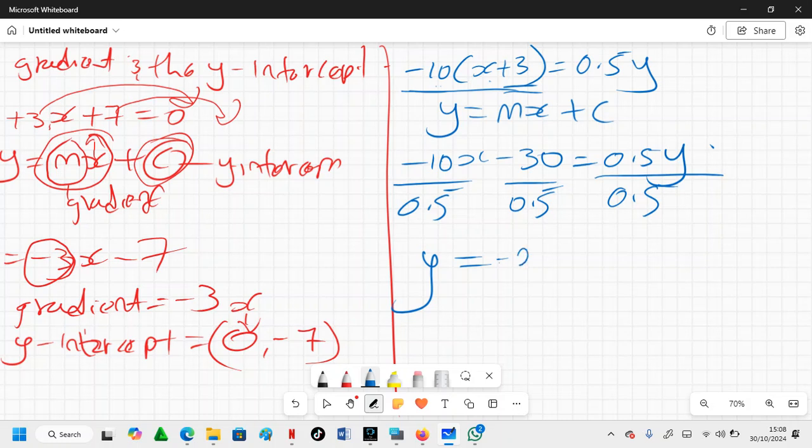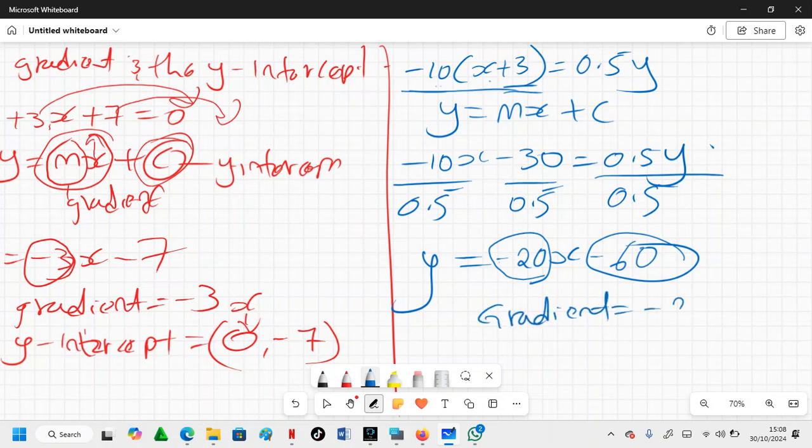So that one is going to be negative 20x, and then this one is going to be negative 60. All right. So in this equation, we can see that is our gradient and that is our y-intercept. So the gradient is going to be negative 20, and the y-intercept is going to be 0, negative 60. Right.